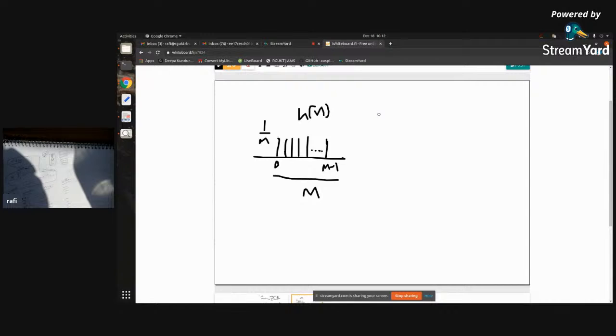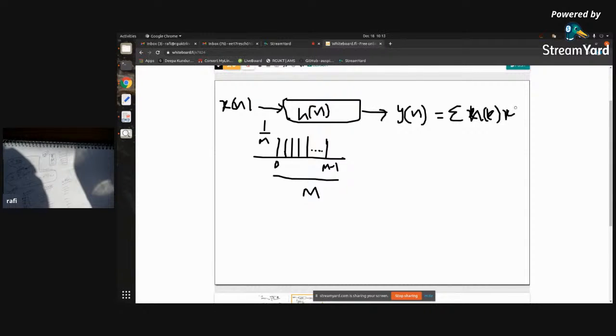And when you pass any input to this system, what will be the output? It will calculate the average of every m samples of the input. So h of k x of n minus k is the convolution.